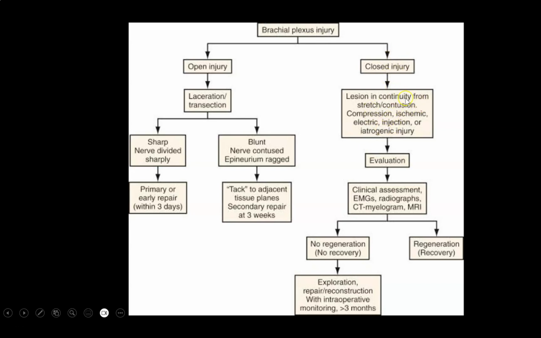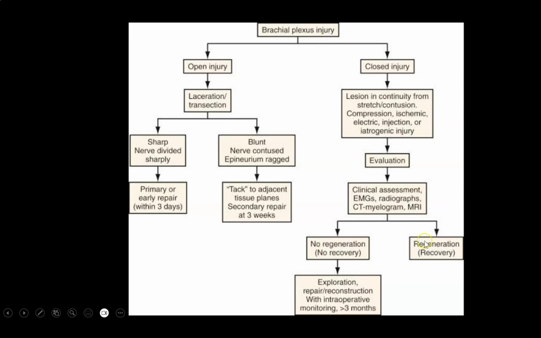If it is a closed injury, it needs evaluation by continuous clinical assessment, EMG, radiographs, CT myelography, and MRI. And most important is the MRI, and we'll see what's going on.